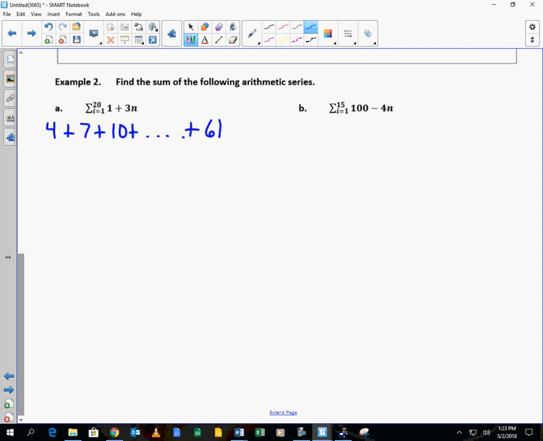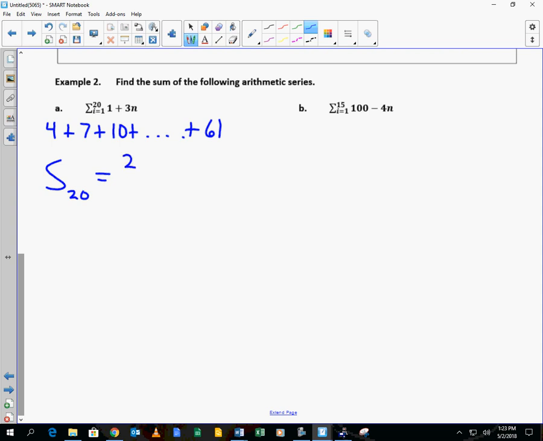Okay, so we're trying to add up that sum. We're trying to do it rather quickly. So we could take S sub 20, we like to know that sum of the first 20 terms is equal to, what does my formula say I do?